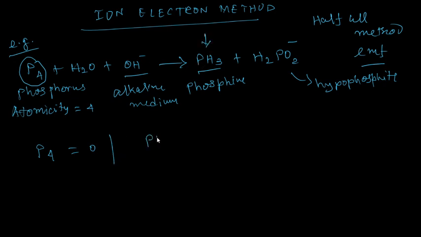And for PH3, in the compound PH3, the oxidation state of P is -3. How do we get the -3? X plus 3 into 1 is equal to 0. So X is equal to -3. So the oxidation state of P is -3 here.